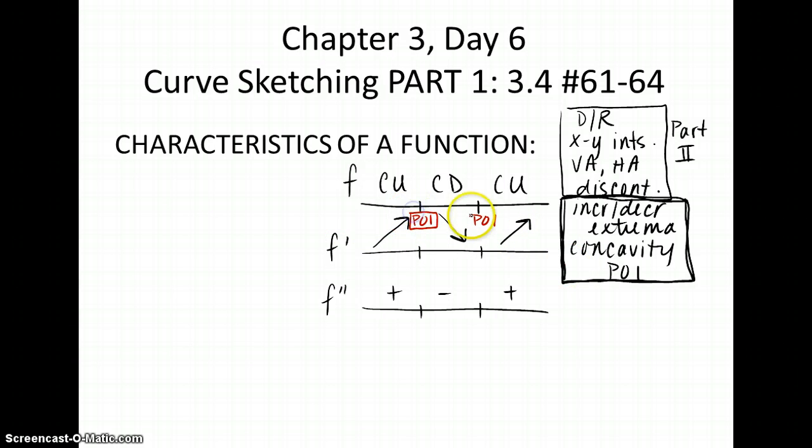So the point of inflection on the graph of the function will become relative extrema on the graph of the derivative. Okay, change in direction from increasing to decreasing would be a relative maximum. A change in direction from decreasing to increasing would be a relative minimum. Okay, now how's that related to the second derivative?